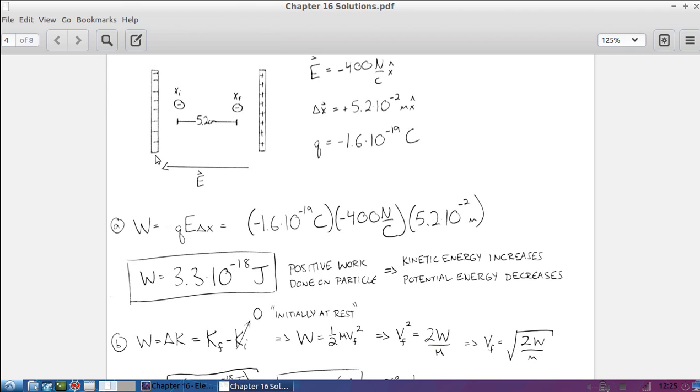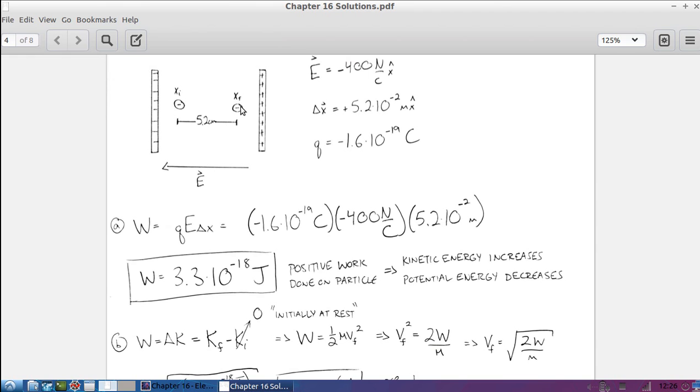But the only thing that's doing work on this charge is the plates. So this is an isolated system, and this is naturally how the charge would move. It's a negatively charged particle. It would move away from the negative plate and towards the positive plate. So I'm going to say this is an isolated system and energy is conserved.